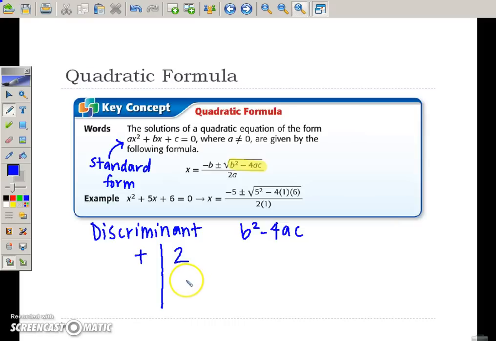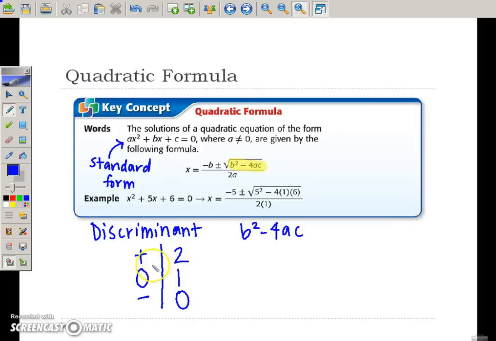If our discriminant works out to be 0, that means we have one solution. And if we plug everything in and get a negative, that means we have 0 solutions, because we can't take the square root of a negative number. So a positive is two solutions, 0 is one solution, and a negative is 0 solutions.